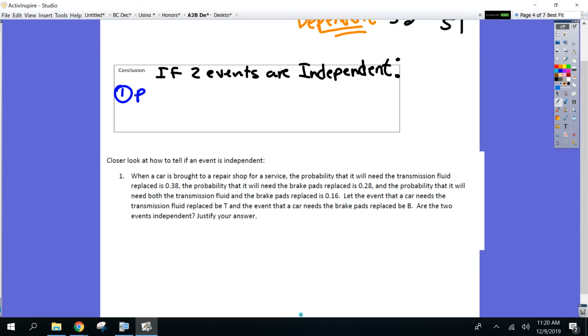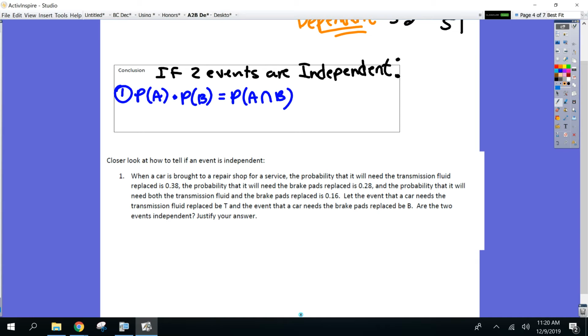The probability of A times the probability of B will be equal to the probability of A, and what's my symbol there again? For what? What's that the symbol for? And B. So when I multiply the probabilities, it'll be the same as if I did the and.